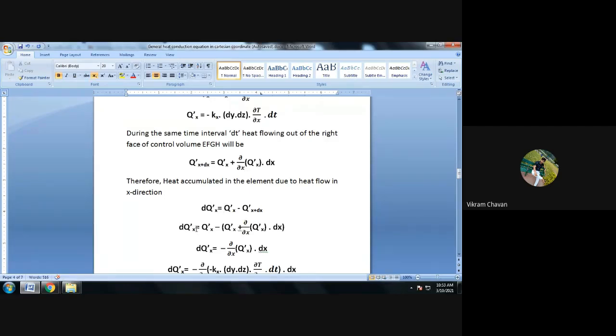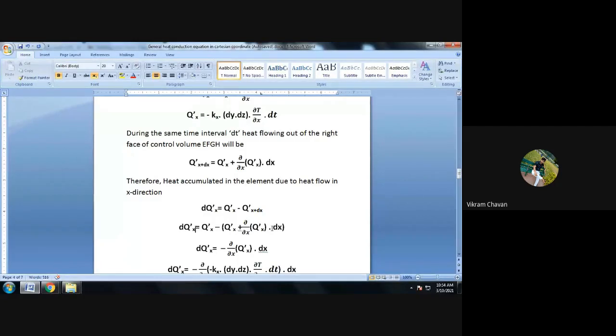Further we have to put the equation for q dash suffix x plus dx. So q dash suffix x as it is, minus q dash suffix x plus dx. The equation is q dash suffix x plus the differentiation of q dash suffix x with respect to x multiplied by dx.